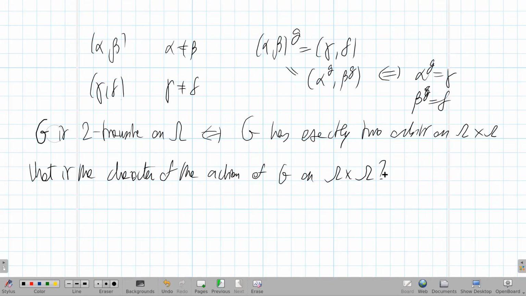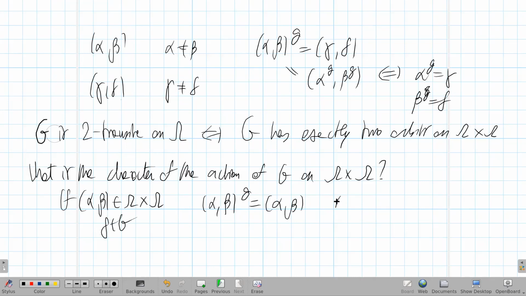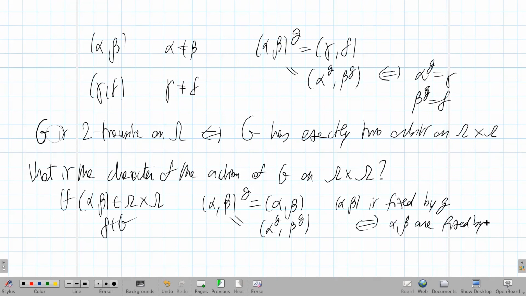Well, we have to count the number of fixed points. If alpha beta is an element in omega times omega and g is in G, then alpha beta is fixed by g if and only if, since the action on pairs is simply the action on the two components, alpha and beta are fixed by g.